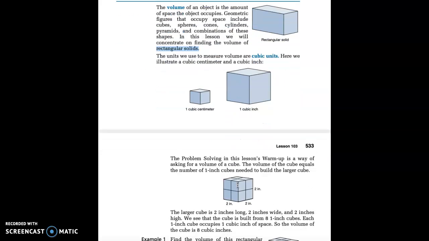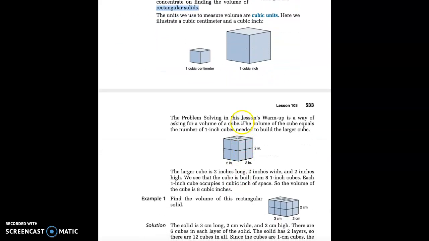So we know that volume, this is super important, the volume of a cube equals the number of 1-inch cubes needed to build the larger cube. So this cube is really a composition of much smaller cubes all built together. So here we have 8 total cubes that make up 8 cubic inches.